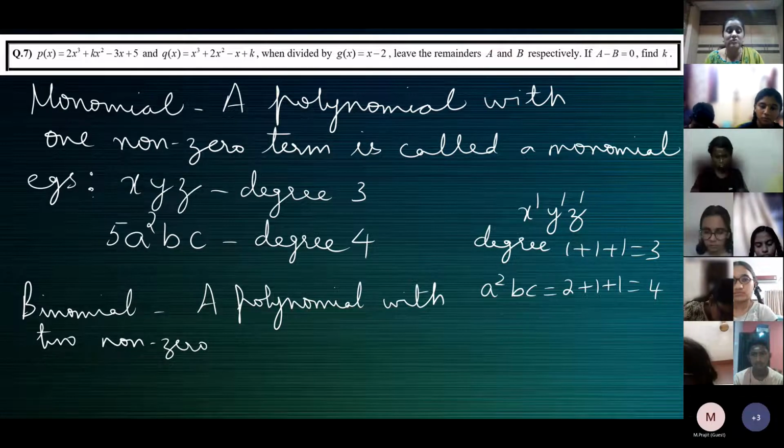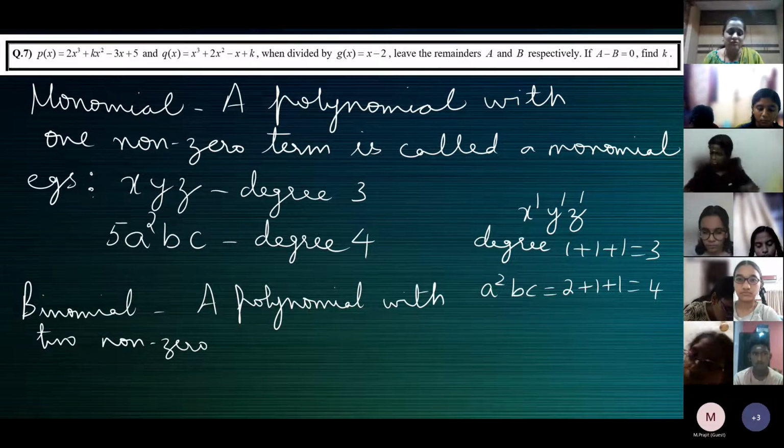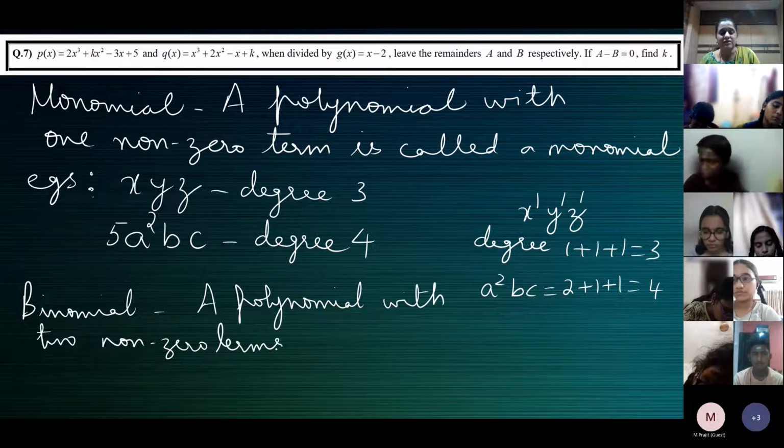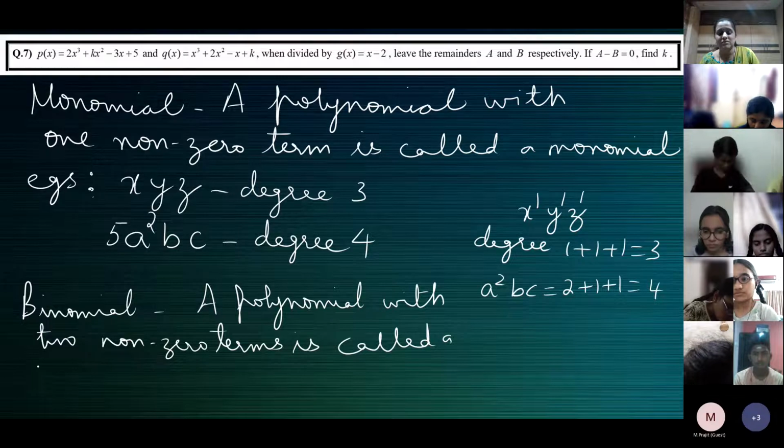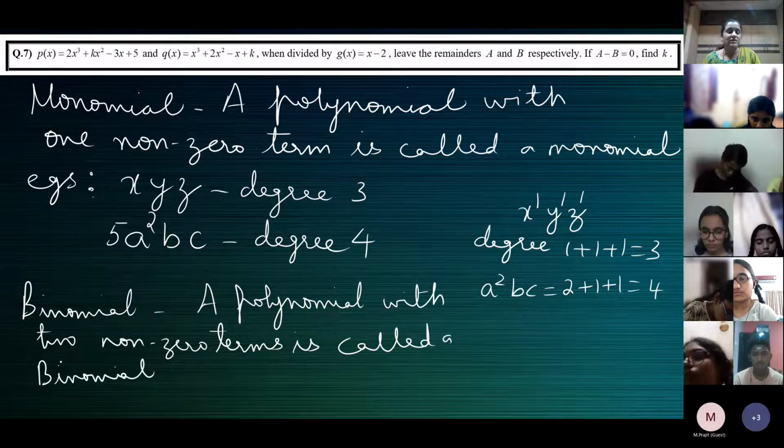A polynomial with two non-zero terms. No term should be 0. A polynomial with two non-zero terms is called a binomial. So neither of the two terms must be 0.